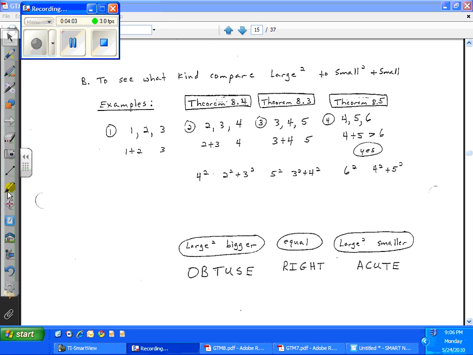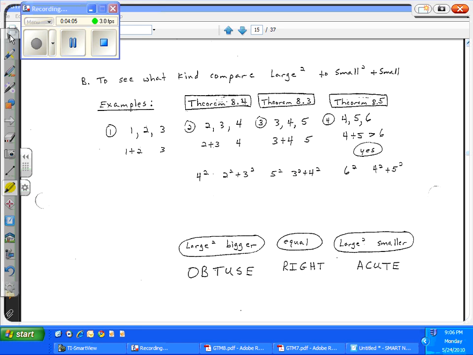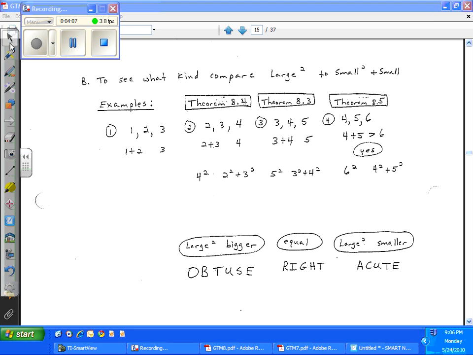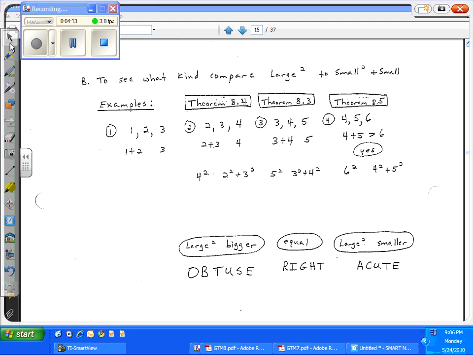Okay, so that tells us whether it's a triangle or not, but it doesn't tell us what kind. So to be a triangle, the sum of the smaller two sides must be larger than the length of the third side.